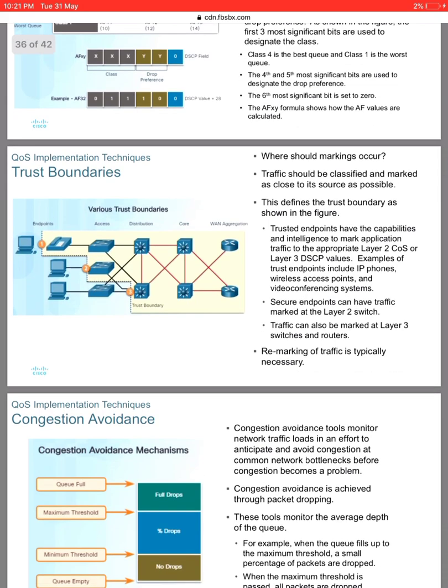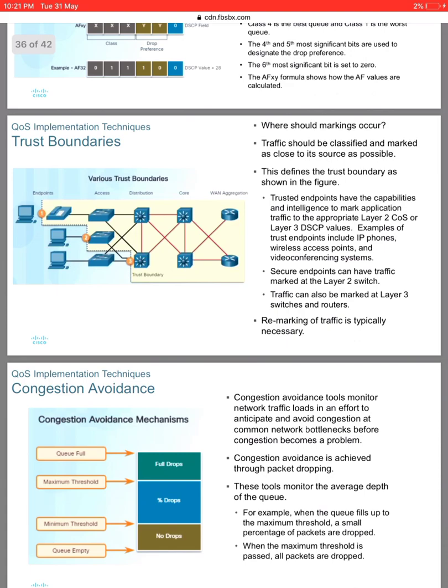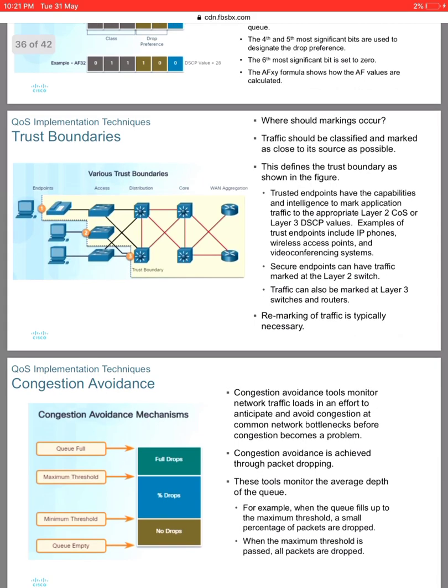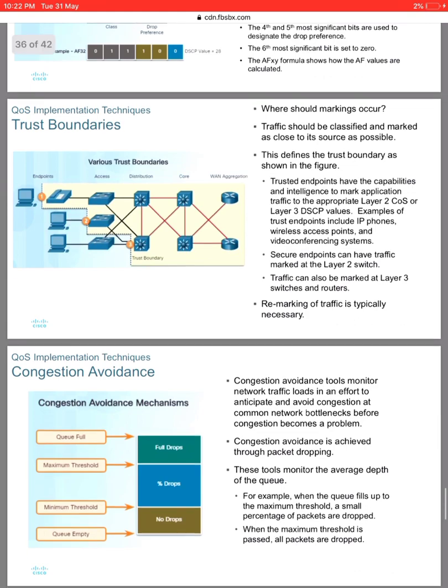Then for the trust boundaries, where should markings occur? Traffic should be classified and marked as close to its source as possible. This defines the trust boundaries as shown in the figure. Trusted endpoints have the capabilities and intelligence to mark application traffic with the appropriate layer 2 CoS or layer 3 DSCP values.